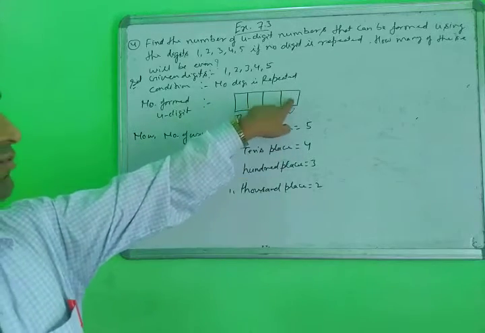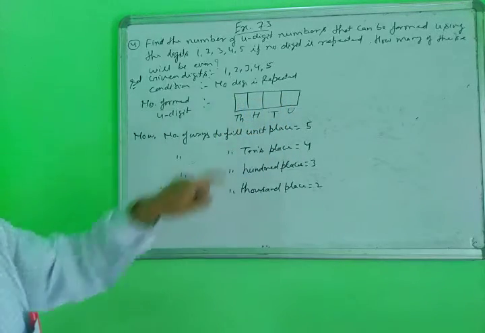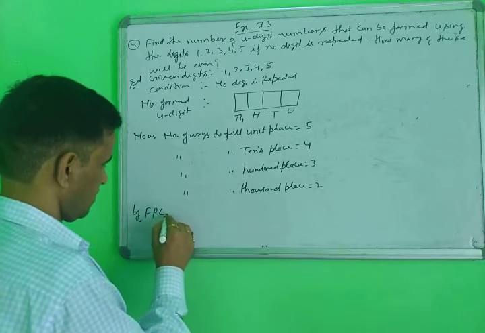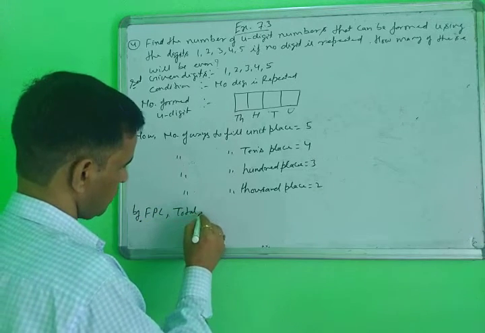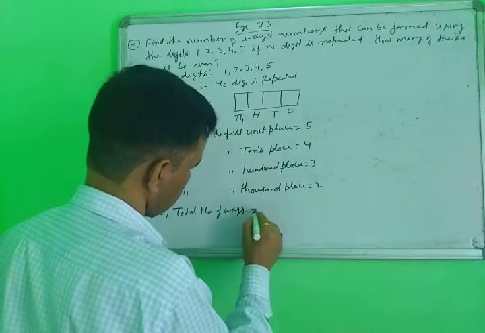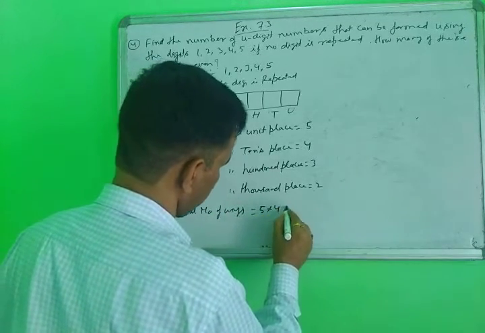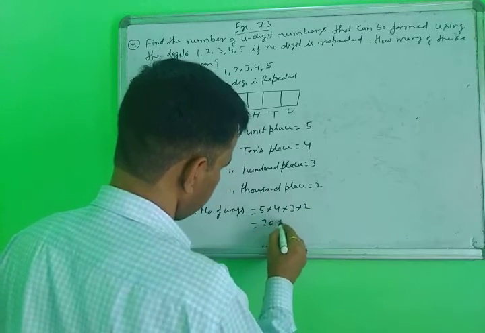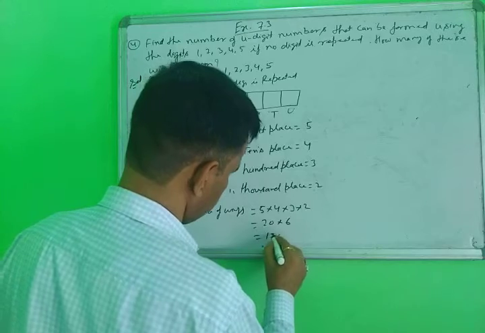In this way you can fill 5 ways, 4 ways, 3 ways and 2 ways. So by FPC, the total number of ways is equal to 5 into 4 into 3 into 2. 5 times 4 is 20, into 6, equals 120.